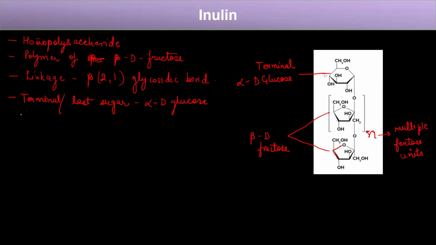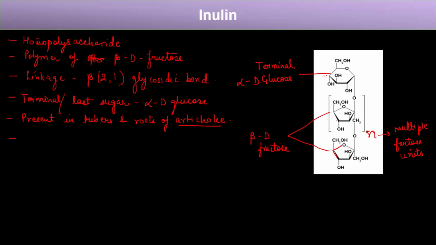Now, where are these present? Inulins are present in tubers and roots of a plant known as artichoke. Apart from these, inulins are also used in humans.